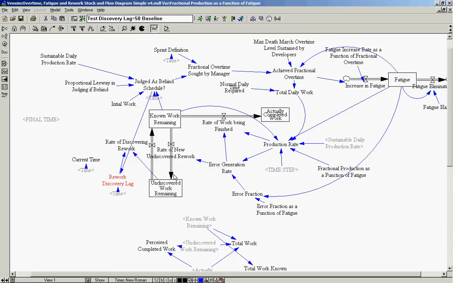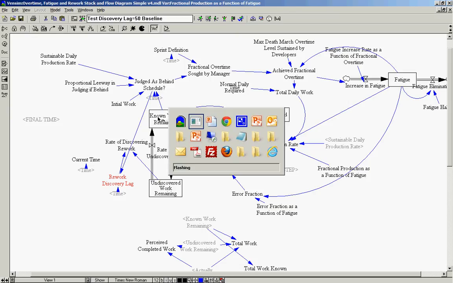The only way that undiscovered work is going to be changing is either new bugs are being created and introduced, which leads to work that we think is completed, but there's actually undiscovered things in it, not yet discovered via testing, or testing shows that we've undiscovered work and reveals it so we can debug it, and then once we've discovered this defect, we put it in our defect repository, and it becomes known work remaining. It becomes work that we know has to be done. We have to fix this bug.